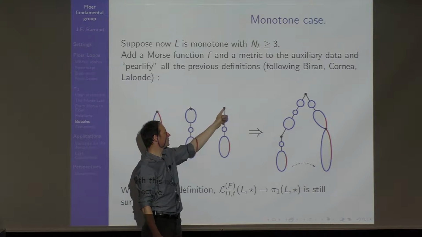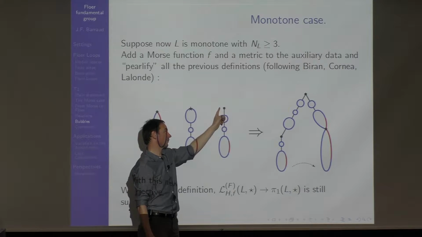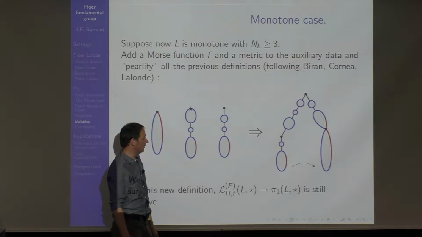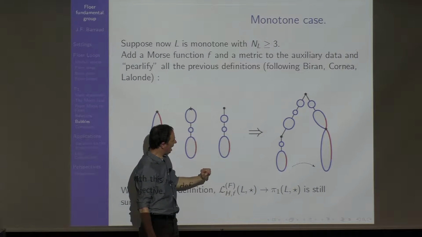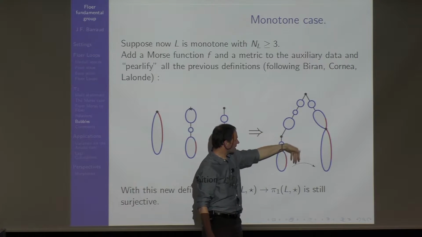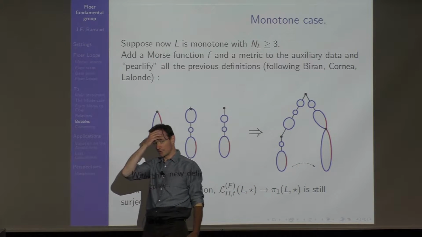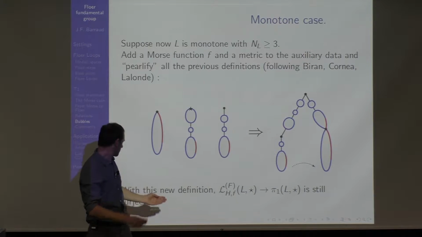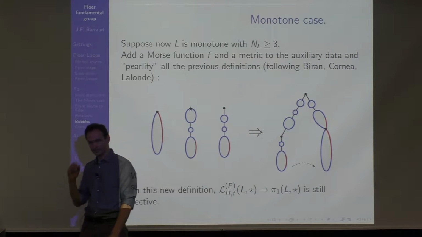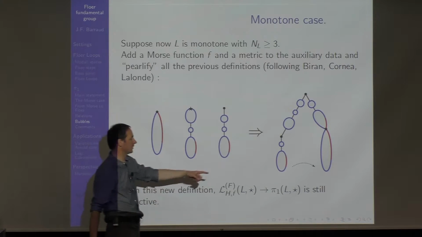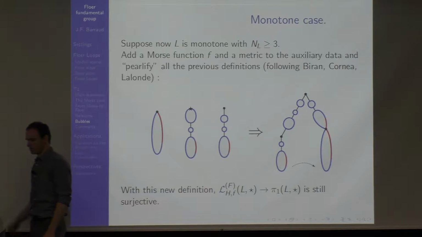And I also have to take the index of the Morse critical points into account, but they don't necessarily have index 1 in general. And then a new step can look something like that. But if I take all these moduli spaces into account, then I can still define a surjective map to the fundamental group, because you still have an evaluation at the plus infinity limit. Okay?